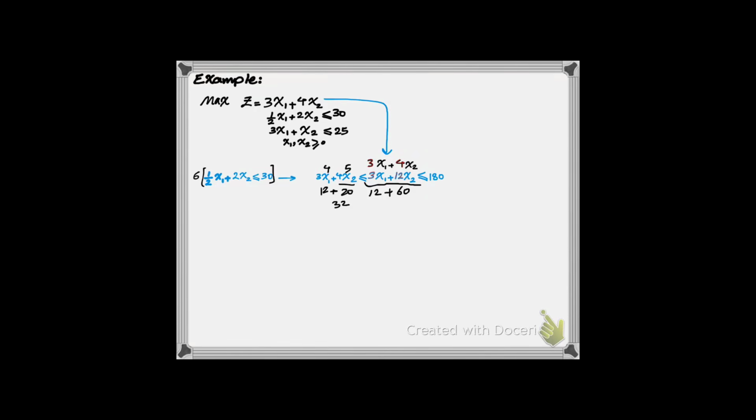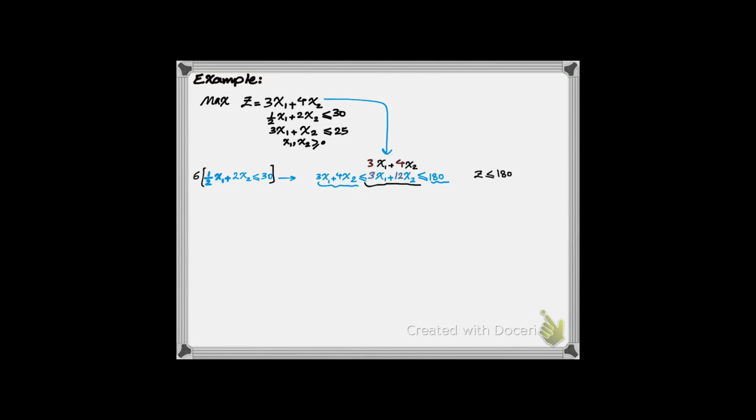So basically, any value for x1 and x2 you plug in the second equation is going to give a greater value than this equation. The reason is that the coefficients of x1 and x2 here are greater than their equivalents in the objective function. So you can conclude that the objective function is less than or equal to 180. I can write this statement as z less than or equal to 180.